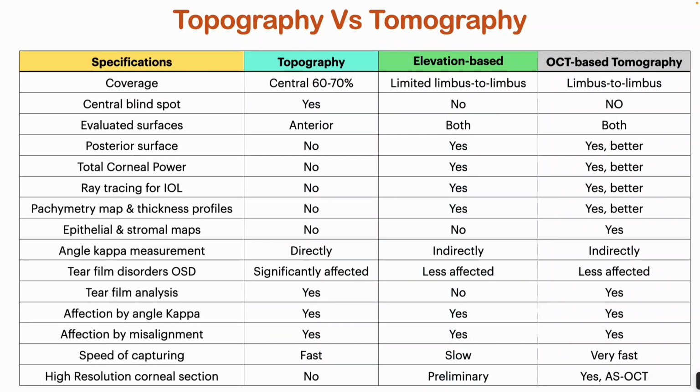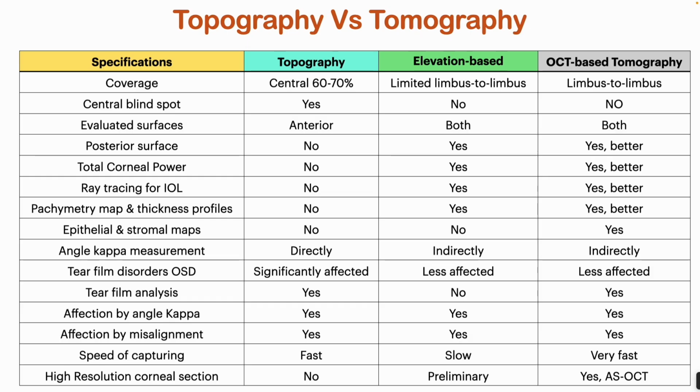So simply, this table is summarizes the difference between the topography, the elevation-based, and OCT-based tomographies. You can capture it if you want to review it after that, but you will find here that there is a central blind spot.